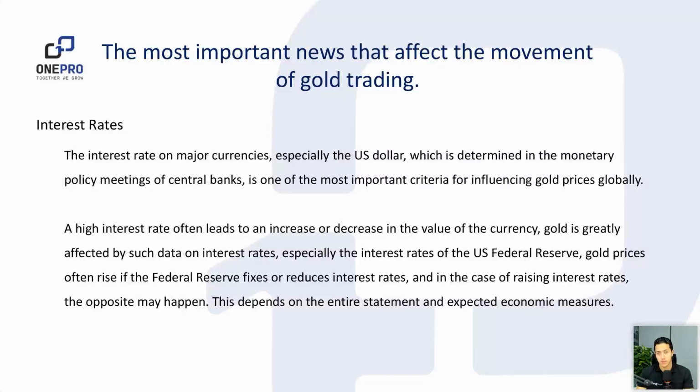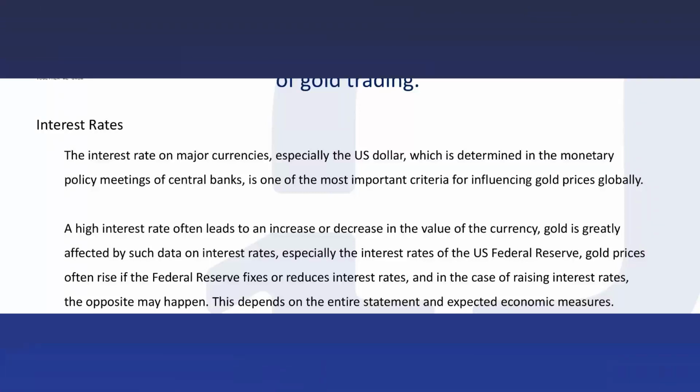Why is that? Simply because there are a lot of factors and economic indicators that affect gold prices on the short and long term. What are those economic indicators? They are basically a lot. However, during this session, we will try to cover the most important of those, starting with number one, the interest rates.